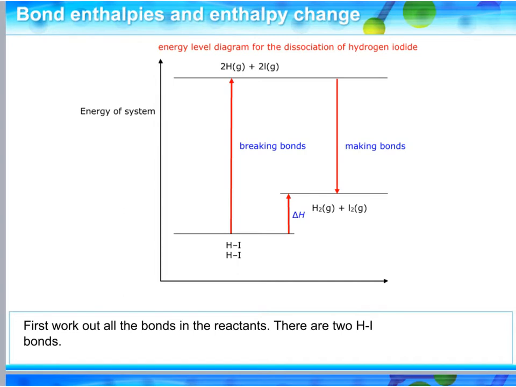We now put the values in for this reaction. So we're breaking 2 moles of hydrogen iodide bonds, so the enthalpy change for the reaction is equal to the sum of 2 times the bond enthalpy for hydrogen iodide, and we're making new bonds, so I'll put a negative sign there because we know this is exothermic, and that's the sum of the bond enthalpy for 1 mole of hydrogen and 1 mole of iodine.